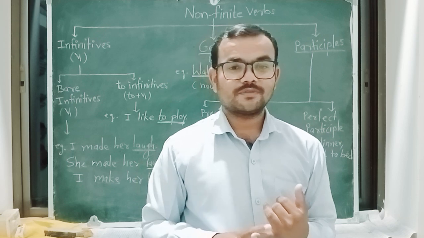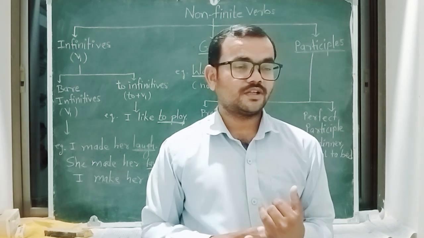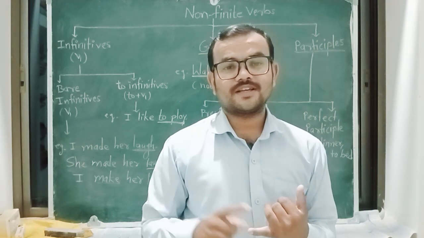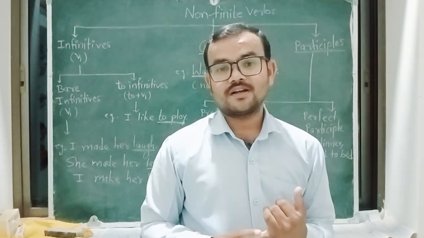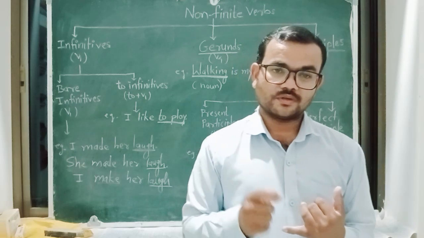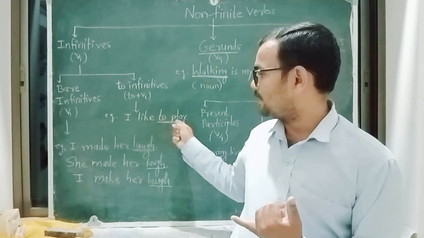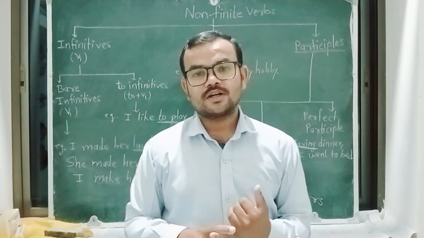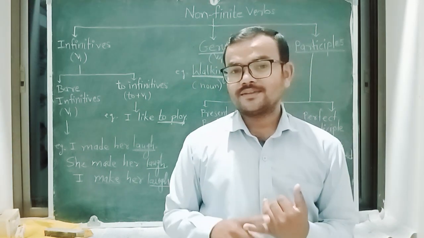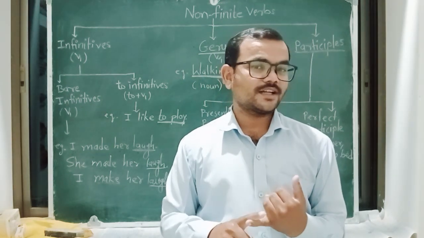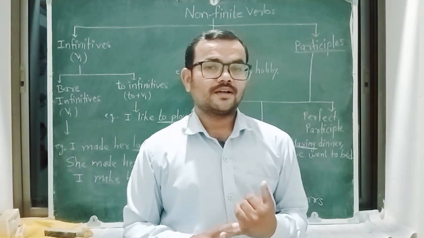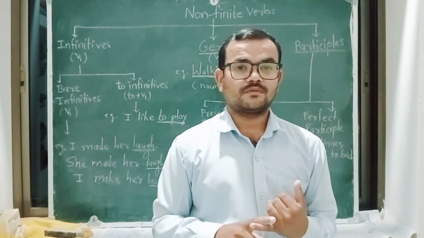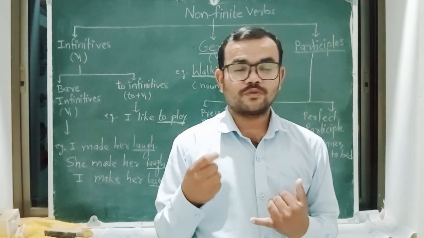Then the other type of infinitive is the to-infinitive. In to-infinitives, the V1 form of the verb is preceded by to, right? So over here, to play, to see, to watch, to look, these are to-infinitives. Then we have discussed that the second type of non-finite verb is the gerund, right? So gerunds are those verbs which are in the V4 form, right?